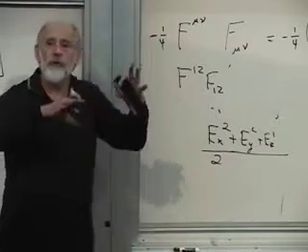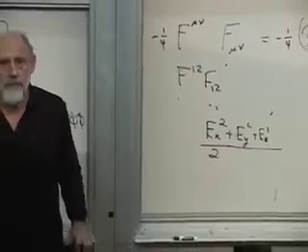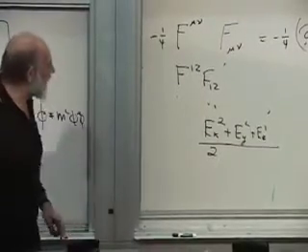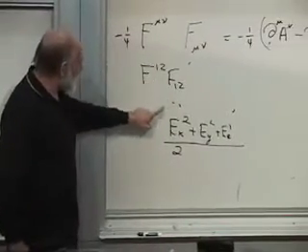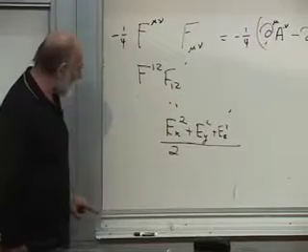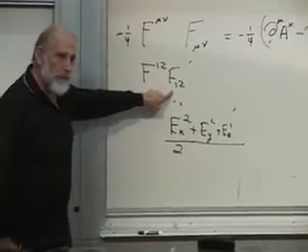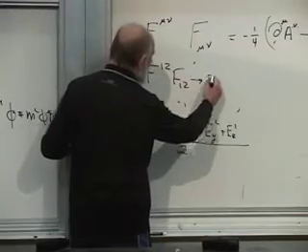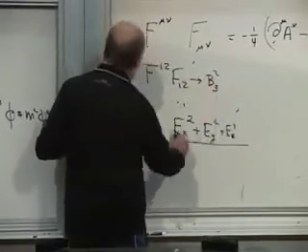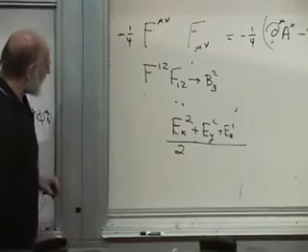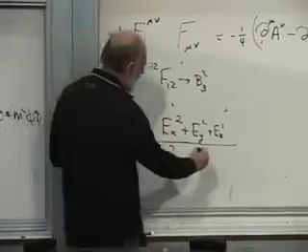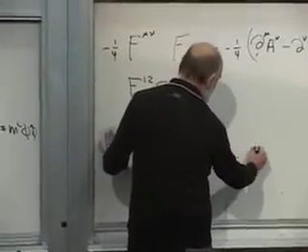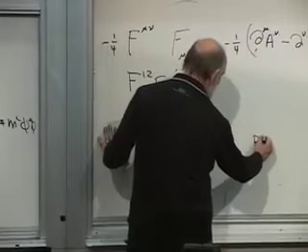What happens when you raise two space indices? Nothing. So F12 upper is the same as F12 lower, and this is just B3. This is B3 squared. There's a minus a quarter, so I get minus a quarter B3 squared.